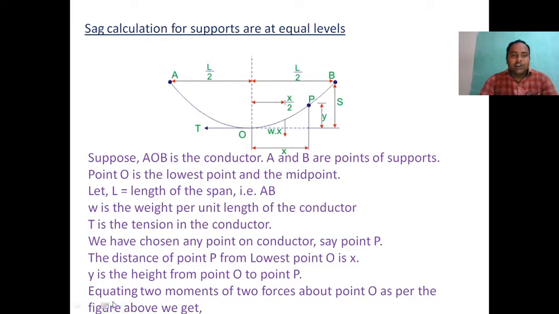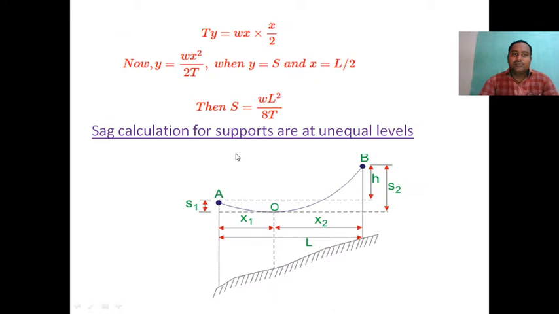Equating the moments of two forces about point O, as per the figure above, we get: there are two forces, one acting in the vertical direction and another in the horizontal direction. Equating both, tension T into y is equal to Wx into x by 2.